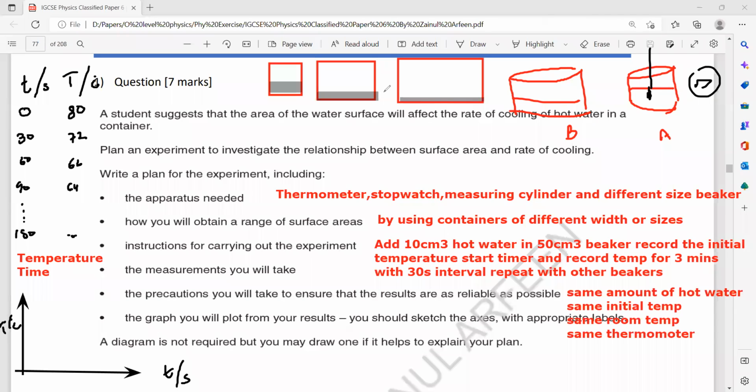And what will be the likely shape of the graph? The likely shape of the graph will be like this. The slope here always represents the rate of cooling. Is this experiment clear?